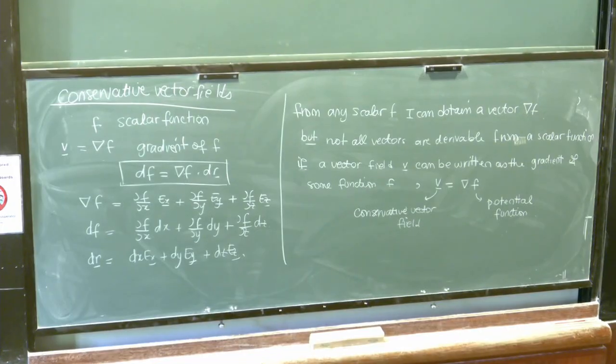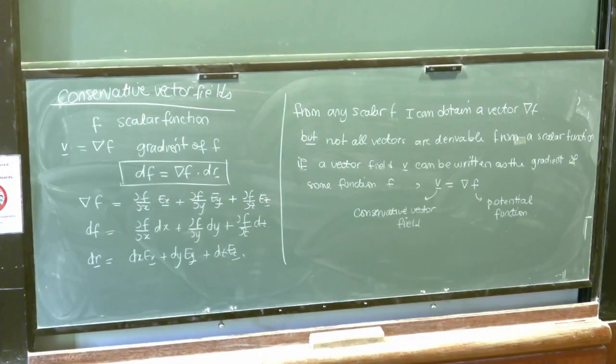Okay. Now the question is, then why do we call v a conservative vector field in this case? What does conservative mean? Yes. Is it that you can travel up and down the gradient and be able to return to the same spot?